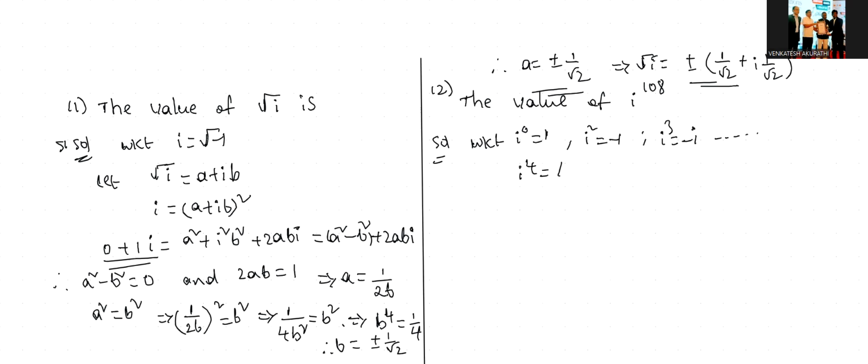Therefore, i power 108 can be written as i square to the power 54. So i square value is minus 1, minus 1 whole power 54. Whenever the power is an even number, the minus becomes plus. If it is an odd number, it stays minus. Okay?